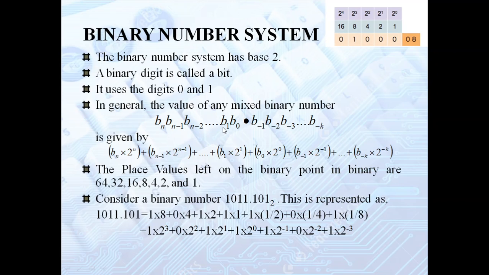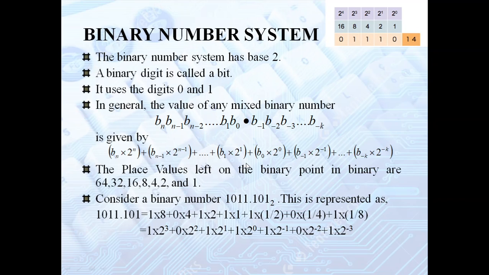The second integer position b1 is multiplied by 2 power 1 and so on. After the binary point, b minus 1 is in the first fractional position and it is multiplied by 2 power minus 1. The next, b minus 2, is the second fractional position and it will be multiplied by 2 power minus 2 and so on.